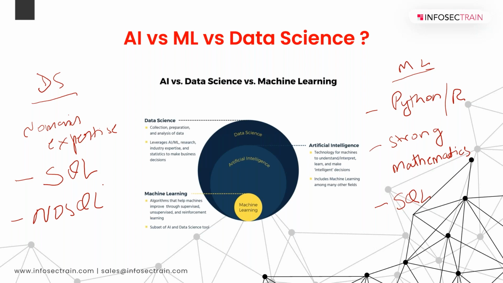Now we have learned the difference between artificial intelligence, machine learning, and data science. Right? Now, what do we have, guys? We have the relationship. What is the relationship between these three?